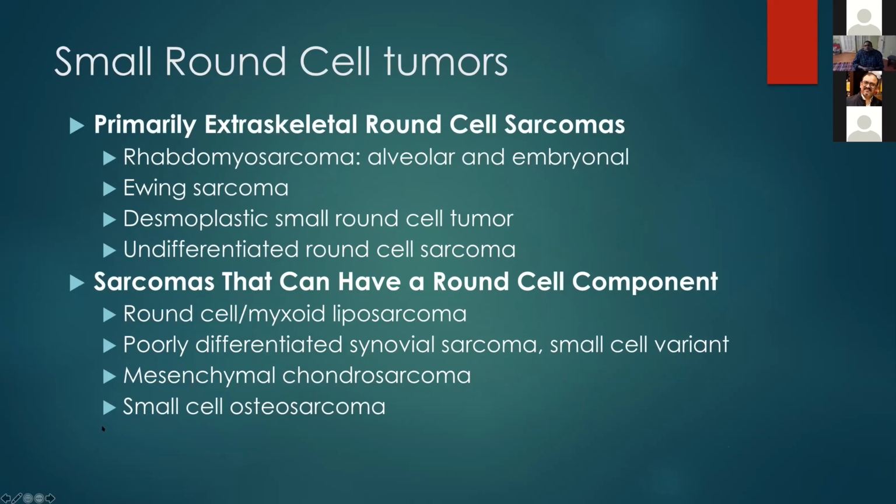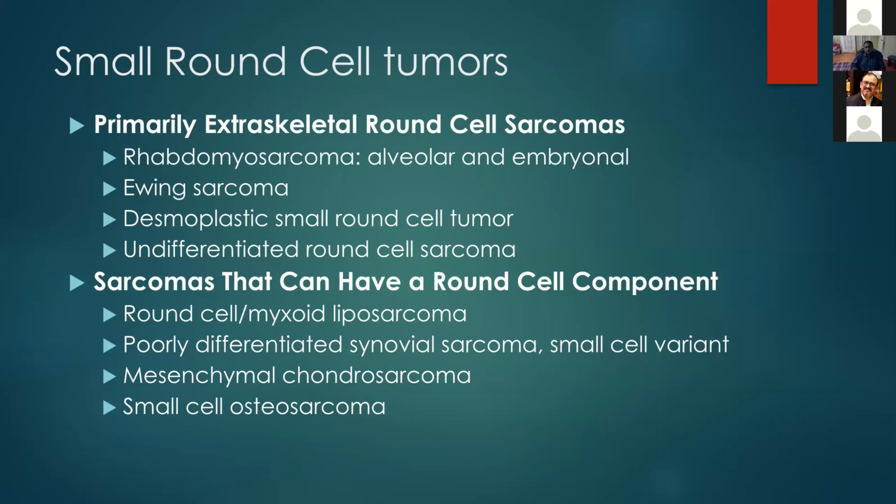So here are some examples of round cell tumors, including primary extraskeletal round cell tumors, and extraskeletal means outside the bone. Okay, so rhabdomyosarcoma is the prototypical example of a round blue cell malignancy. And for me, if somebody tells me, here is a slide, and this is a round cell malignancy, what do you think of? My first thought is Ewing sarcoma, if it's a child.